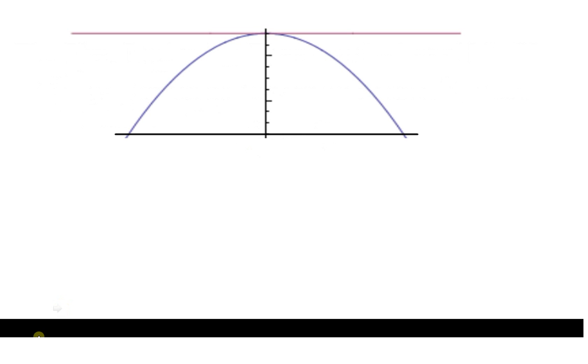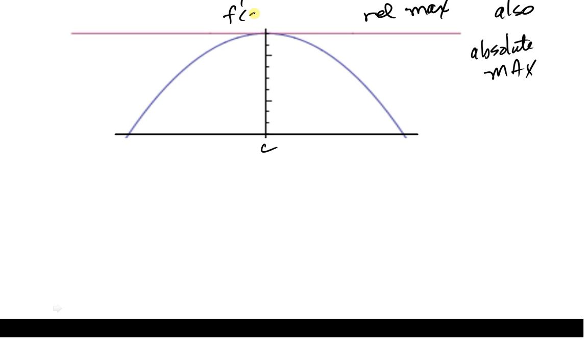Here's a simple example of a function that has a relative max, and in this case also an absolute max. And you can see at this point c, f prime of c, the slope of the tangent line, is 0.